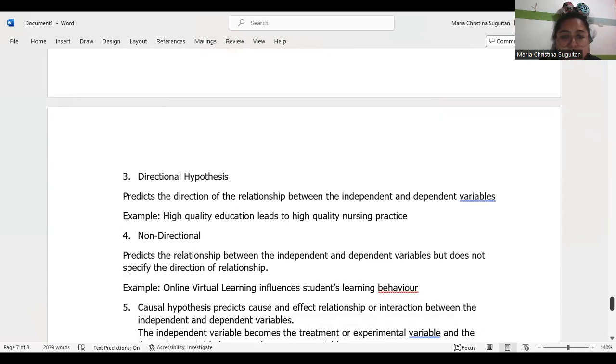Predicts the direction of the relationship between the independent and dependent variables. For example, high quality education leads to high quality nursing practice. From the word high, straight to the point, high quality. High quality education daw ay nagre-result into high quality nursing practice. So that's directional.